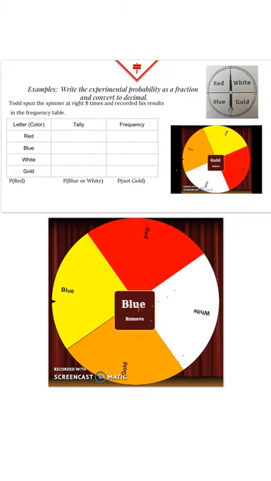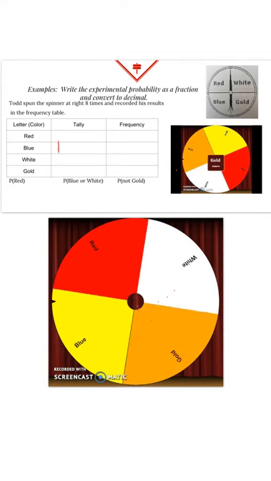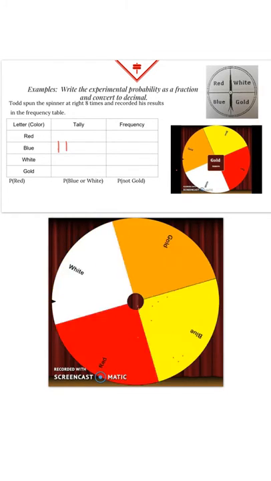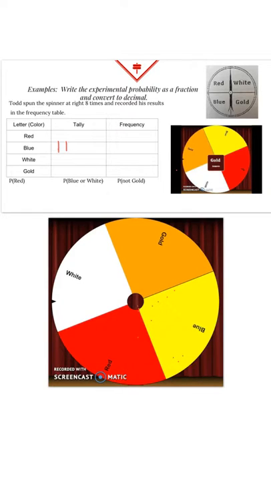Your first one is blue. The next one is blue, so we'll put a tally mark in blue. The third one is white.